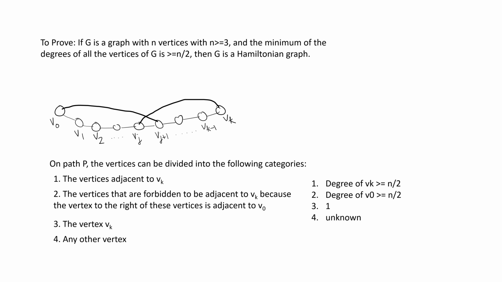Now, do we already know that this longest path covers all the nodes of the graph? Probably not. So let's assume that there is some other node which is not on the longest path. What will happen then?